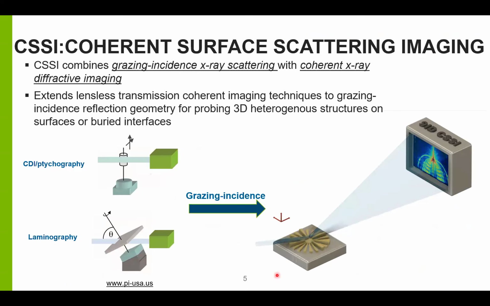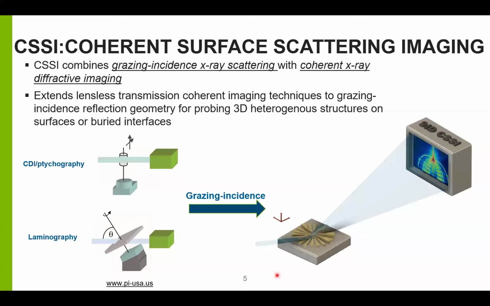So let me tell you about Coherent Surface Scattering Imaging, CSSI, because it's not the focus of this talk, but if you understand a little bit about this technique, then I think it'll help understand the design of the new instrument.